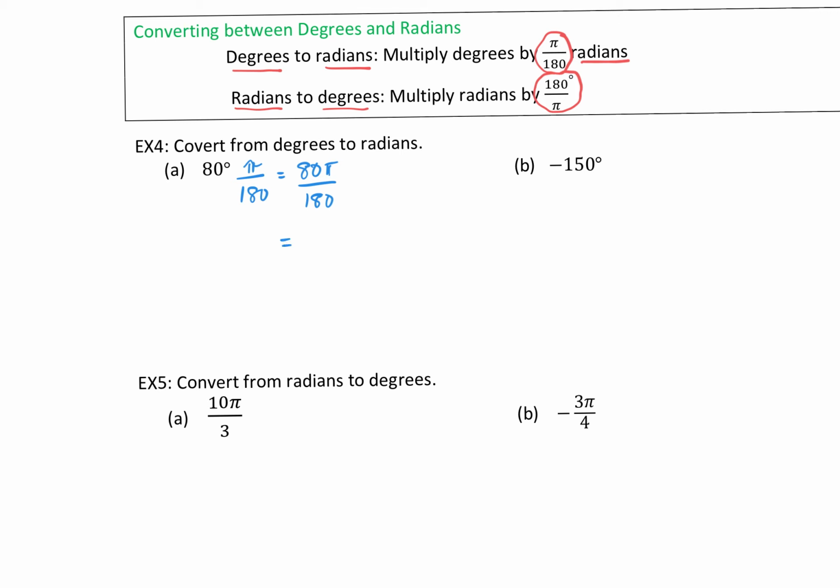So 80 over 180 will be 8 over 18, divided by 2, 4 pi over 9. Since it's in radians, I don't have to write those units, but I will. So it's 4 pi over 9 radians, and what tells me it's an angle measurement is the radian units.